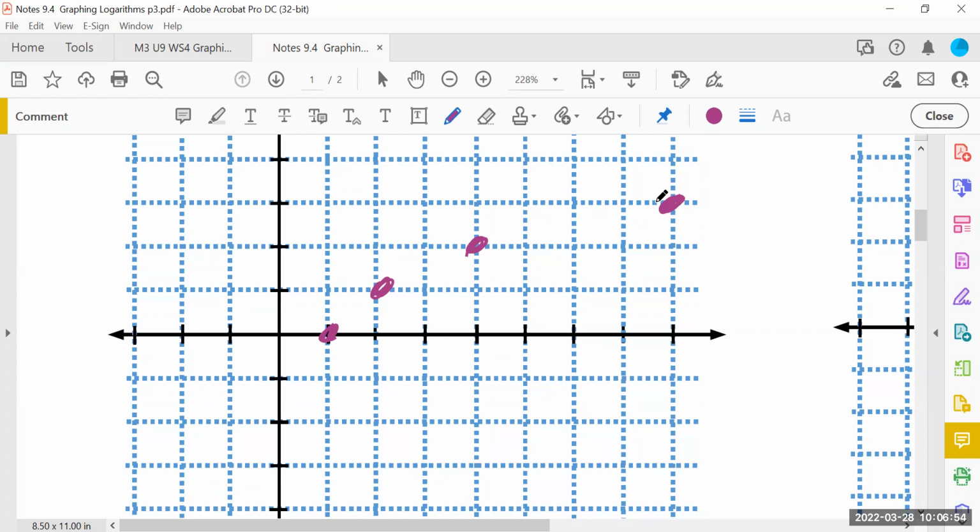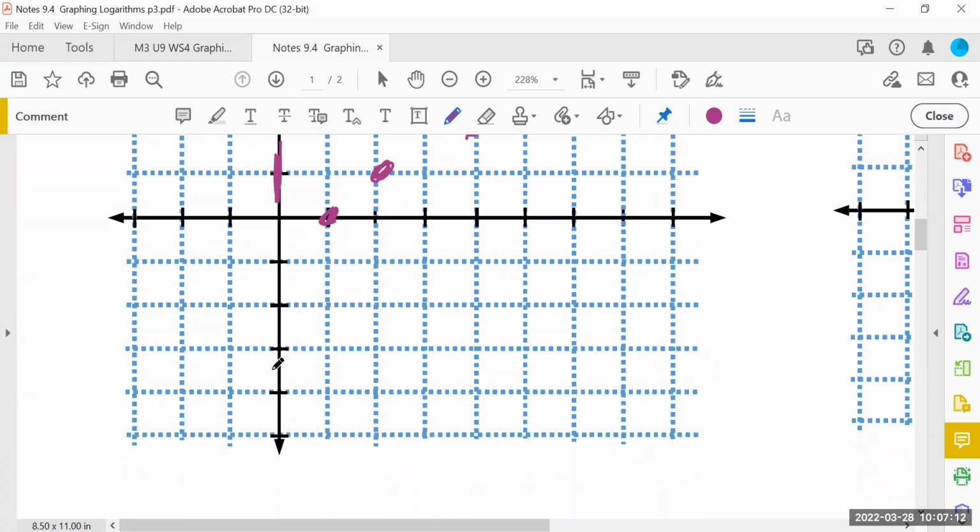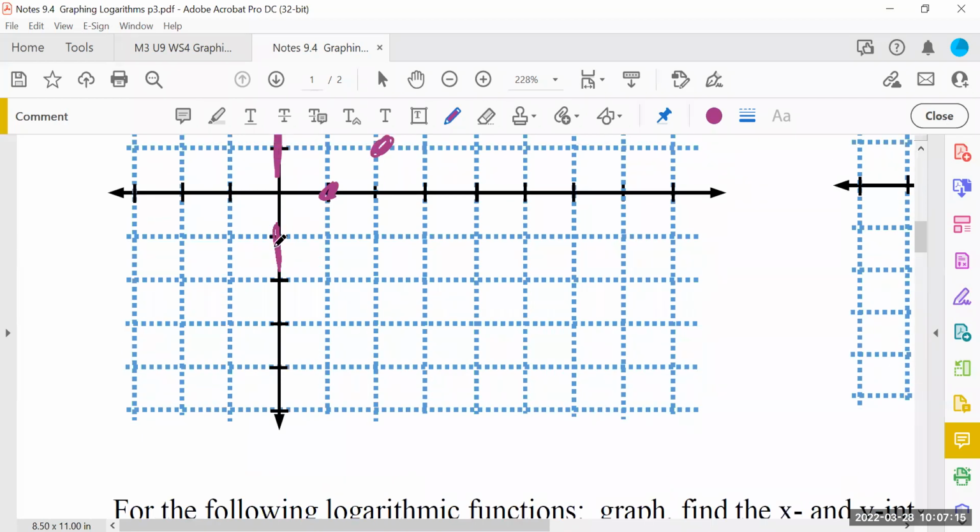First, I cannot put negatives in for x, because if I'm saying 2 to what power makes -4, it doesn't work. 2 will never be -4, no matter what I raise it to. So we're actually going to have an asymptote right here at 0. I am not going to cross that asymptote, and I'm actually not going to have anything on the other side of it. My entire graph is going to exist on the right-hand side of that asymptote.